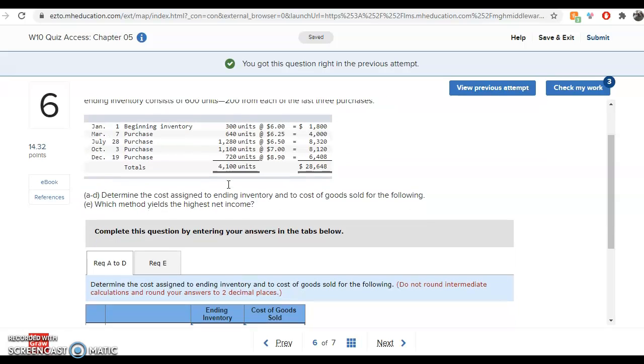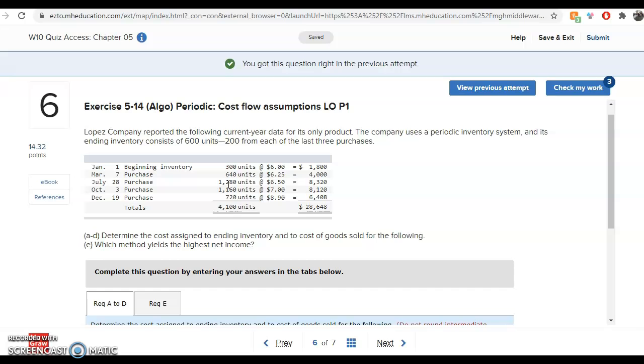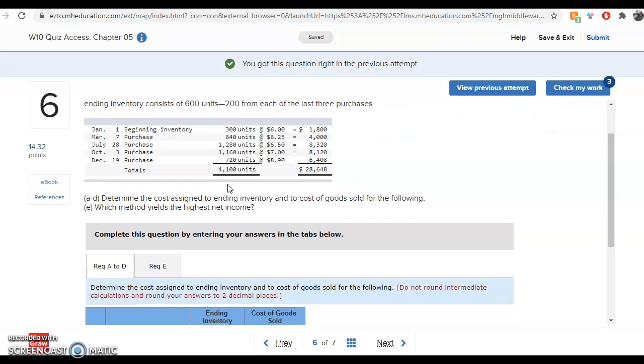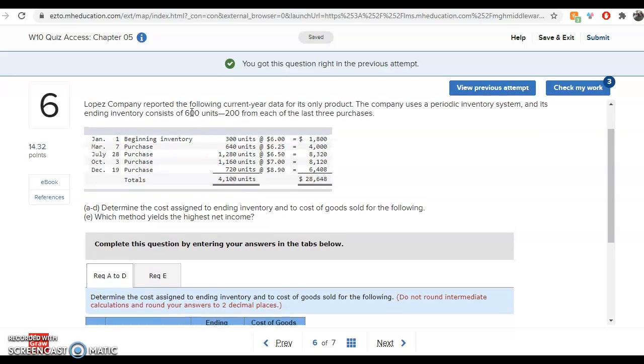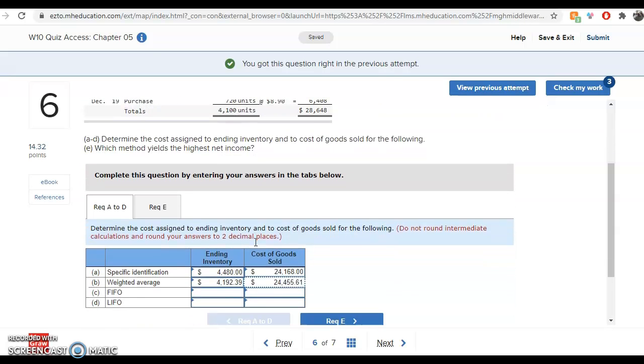So what that means is, as we were doing our math, it's a similar concept where, I'm sorry, I'm a little tired, we're going to take the last 600 units to find our ending inventory, and it's going to be the lower, bottom prices, because what we have left in our inventory was more expensive than what we already sold. Because this stuff is sold, it was first in and it was first gone. This is what we have left.